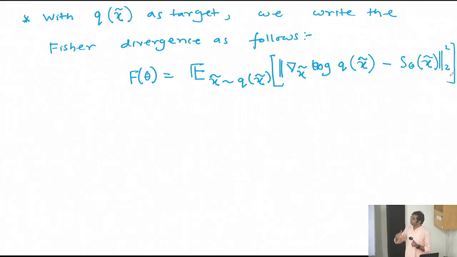And now we will do some algebra on this to reduce it and see if we can get something simple. Okay. We will work with this expression on the right and try to simplify it. So let us write it down and all of you will help me. So let's see.